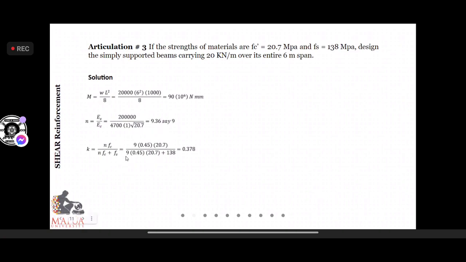K is NFC over NFC plus FS, which can be derived based on the stress diagram, and this is equal to 0.378. J is 1 minus K over 3, which is equal to 0.874. The moment resistance coefficient is equal to 1/2 FC K J. This FC is 0.45 of the FC prime.